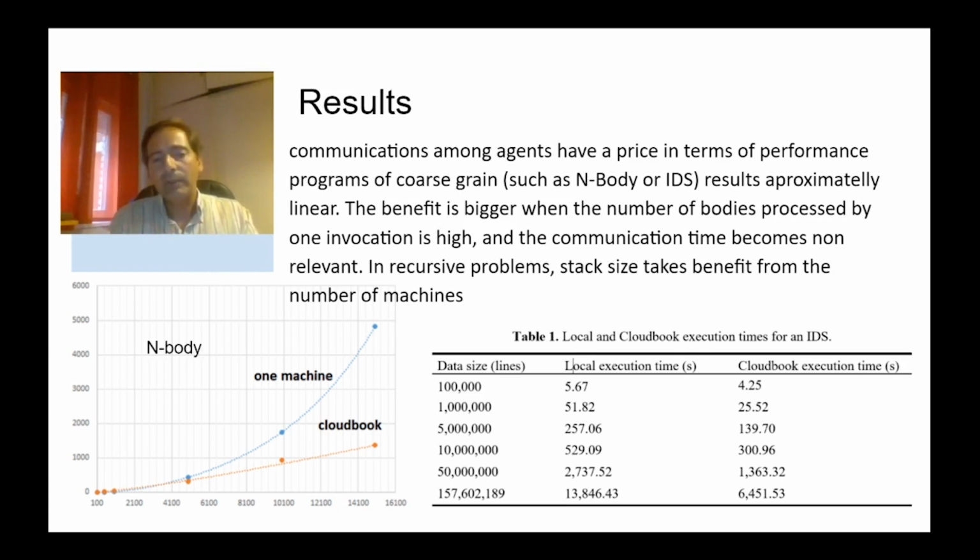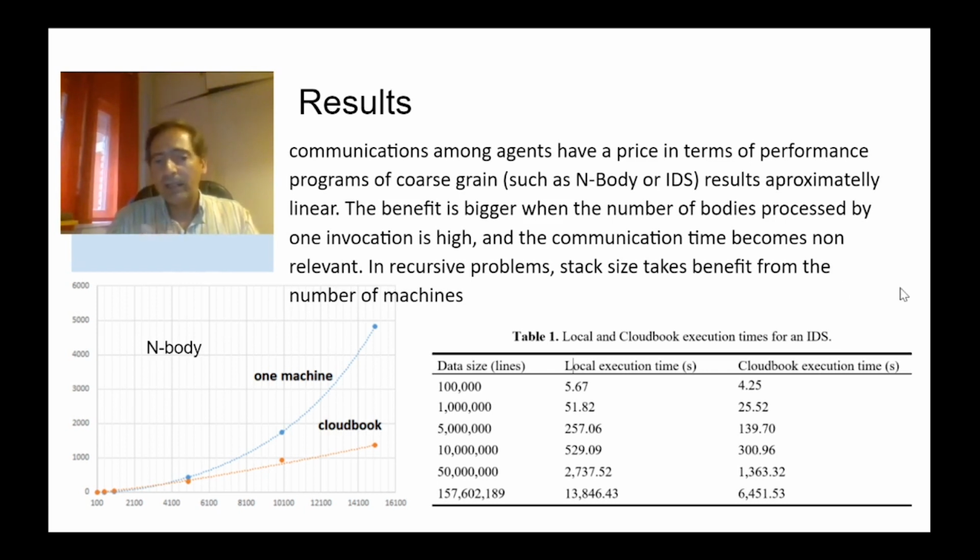In the bottom, we have the graphic of the n-body, the classical n-body program, and the different numbers of bodies are represented on the horizontal axis. And Cloudbook saves a lot of time; more or less with 4 machines, it is 4 times faster when the number of bodies is large enough.